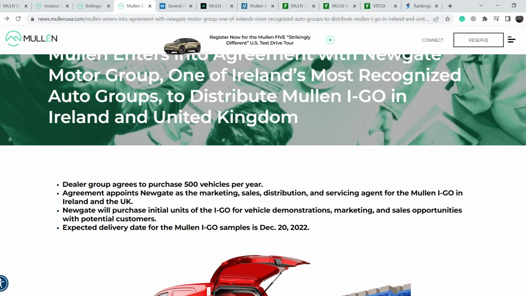And on the one hand it might be quite bullish news, but on the other hand, if we dig deep into this news, we can realize that iGo is not the car that MULN is producing right now. It is a third-party vehicle, and because of this MULN cannot have a huge margin in this deal. Let's assume that they have about 5% from each of 500 vehicles.